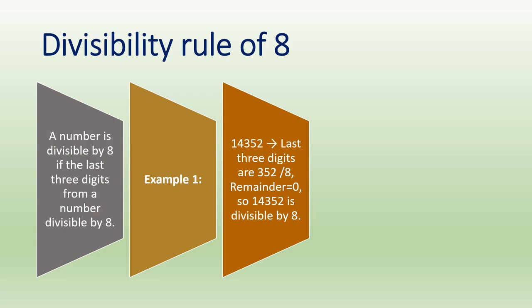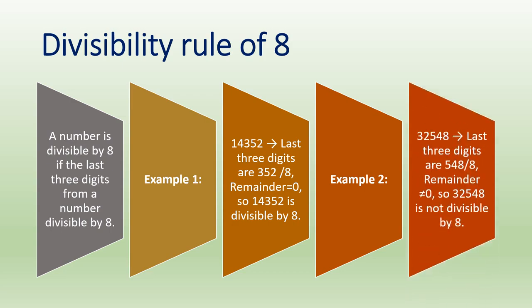So we can conclude 14352 is divisible by 8. Another example, 32548. Here the last 3 digits, 548, divided by 8, its remainder is 0. So 32548 is not divisible by 8.